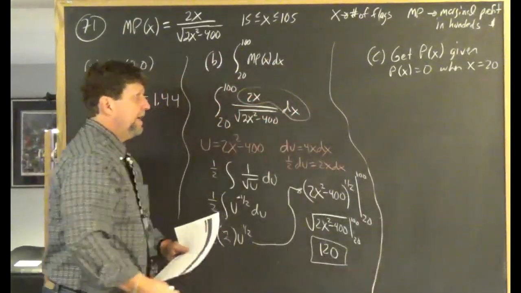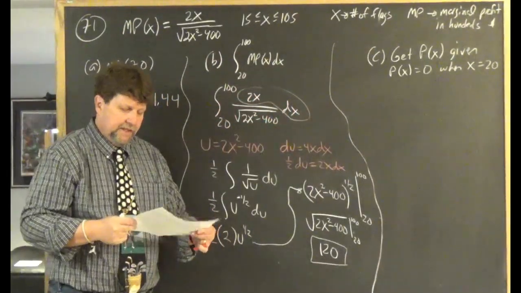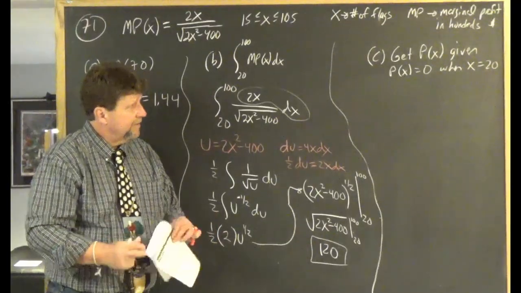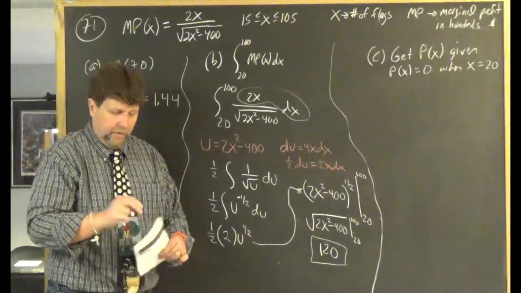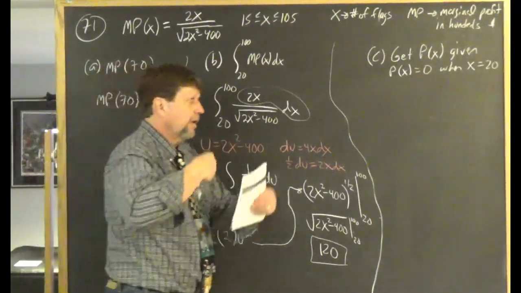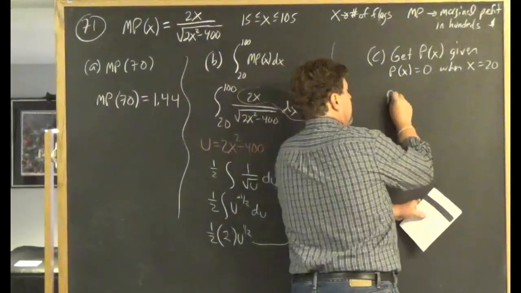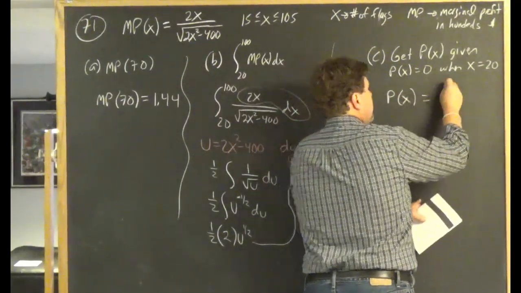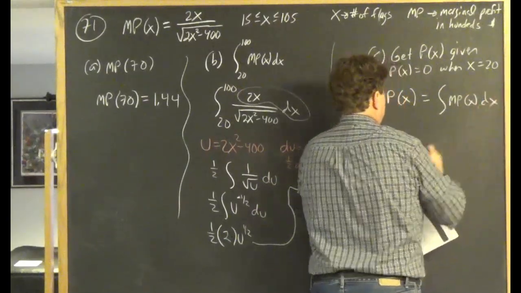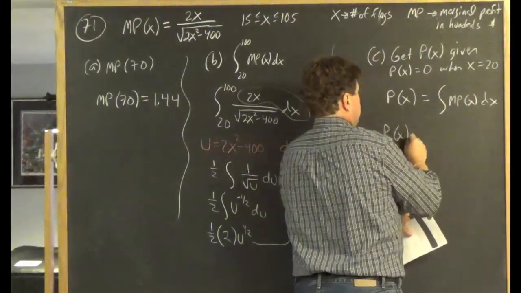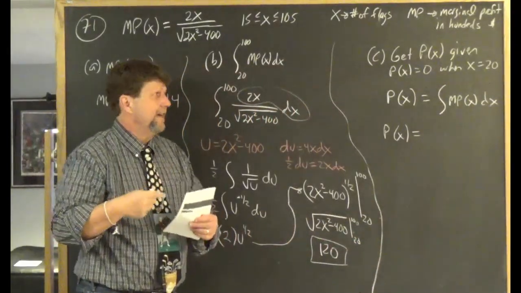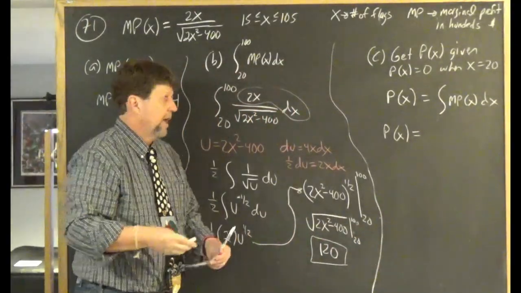Okay, part C is a really old problem. Part C, recover the profit function. You were given profit is 0 when x is 20. So we know to recover a profit function, we have to integrate marginal profit. All right, folks, now look, we've already done the antiderivative of marginal profit.